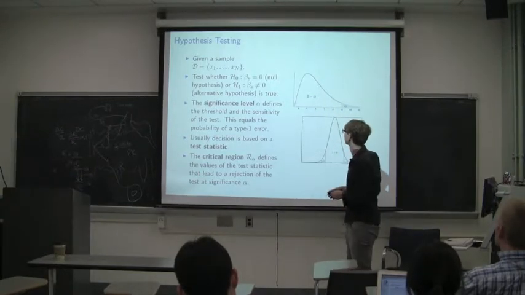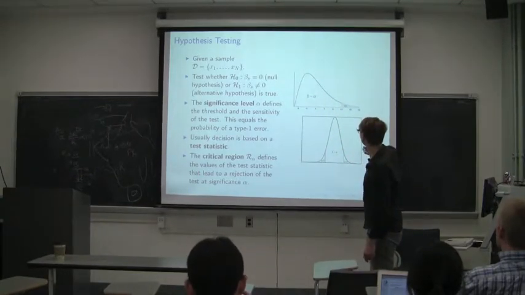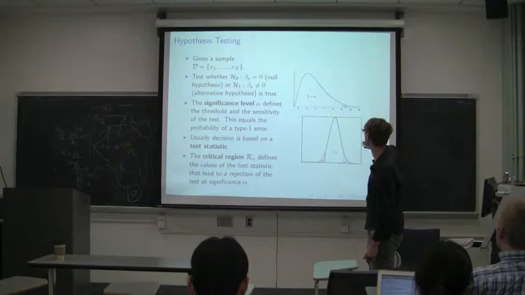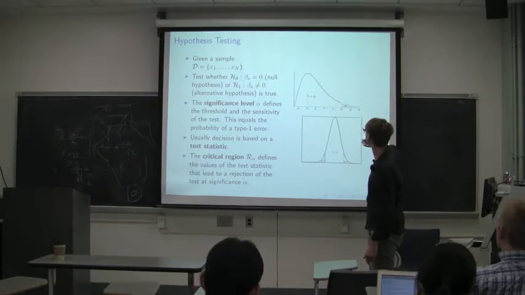I mean, the area over the whole thing is 1, right? And alpha is basically the size of the critical region. It's the integral over the probability density in this critical region.